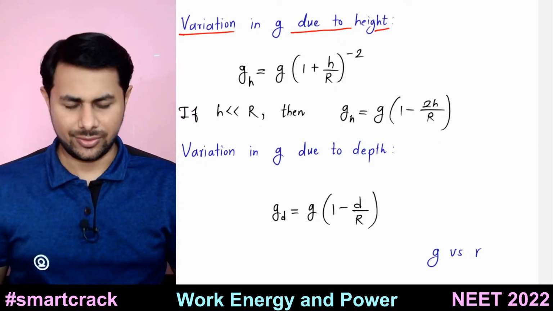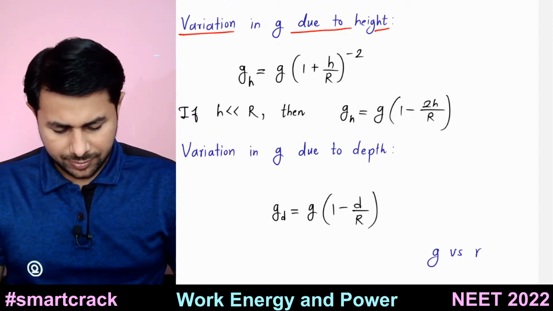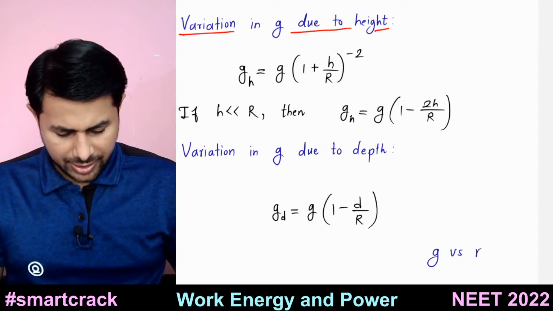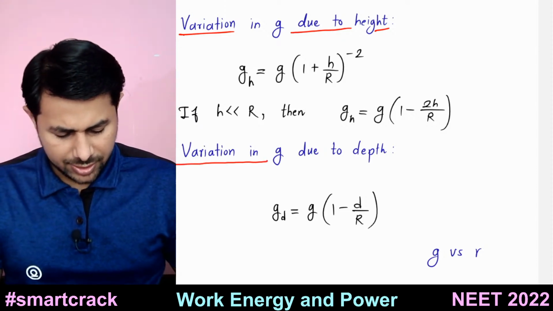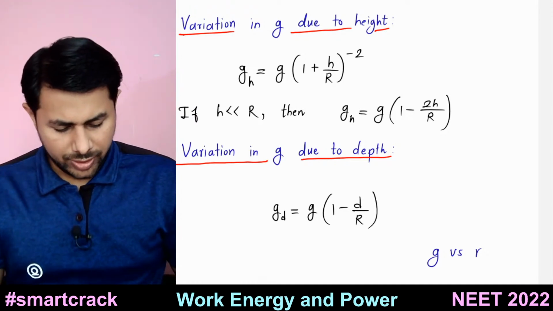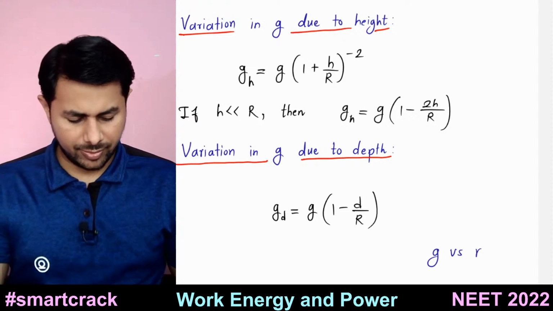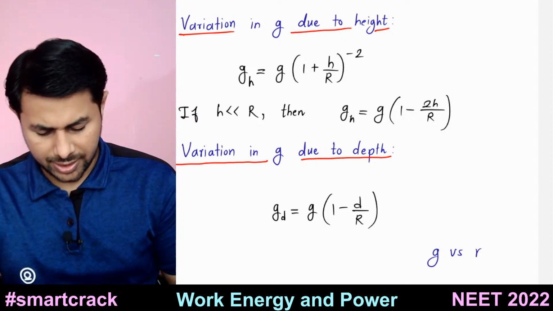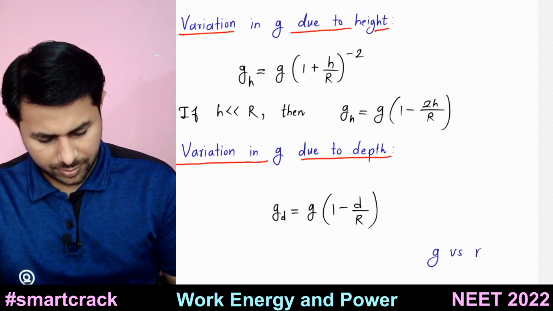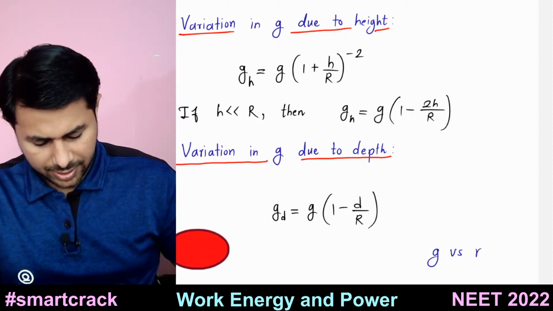Next is variation in g due to the depth. So this was variation in g due to height. Now let's suppose an object goes inside Earth.